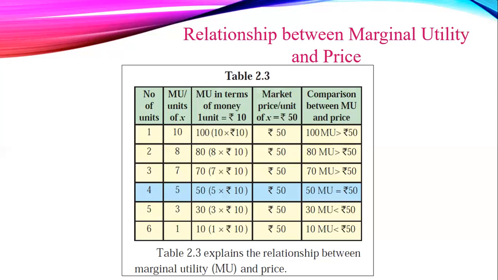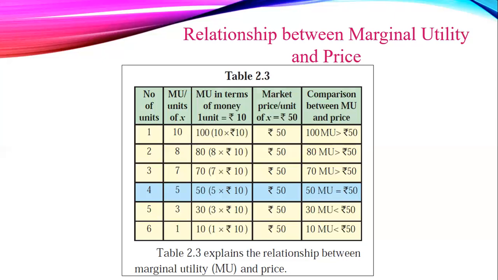That is 10, 8, 7, 5, 3, 1. In the third column, MU in terms of money is expressed by using the formula X into 10. Market price per unit of X is equal to rupees 50.